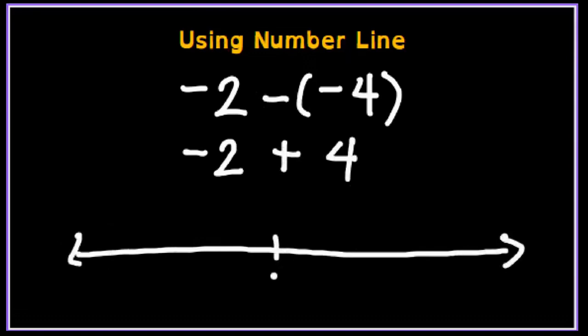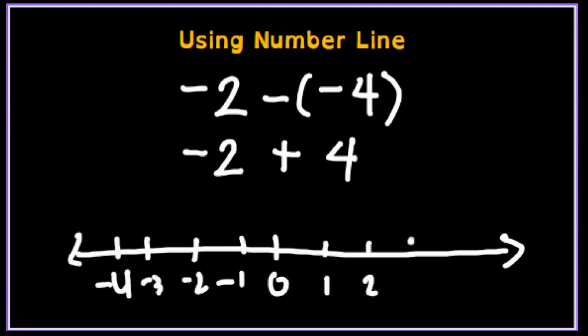Starting point is 0. We have negative 1, negative 2, negative 3, negative 4, positive 1, 2, 3, and 4. Okay, let's start with negative 2. Since negative 2 is a negative integer, so mag-move tayo ng 2 beses papunta sa left.